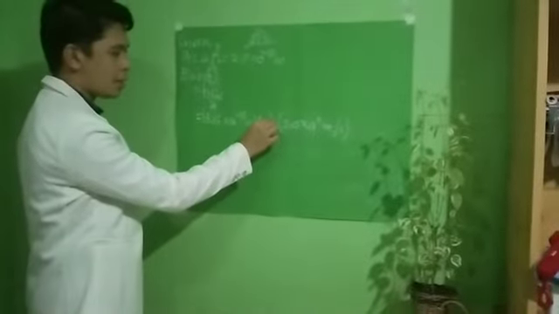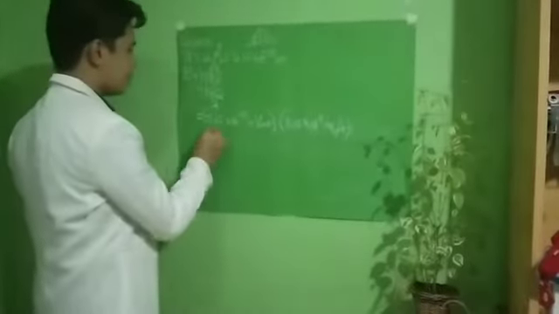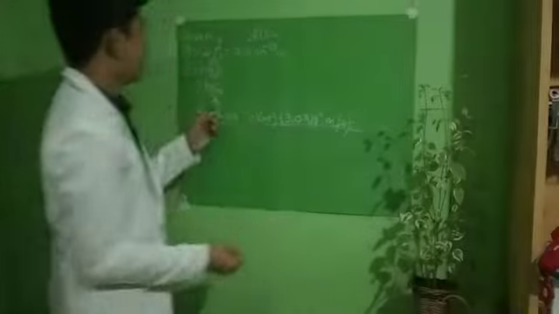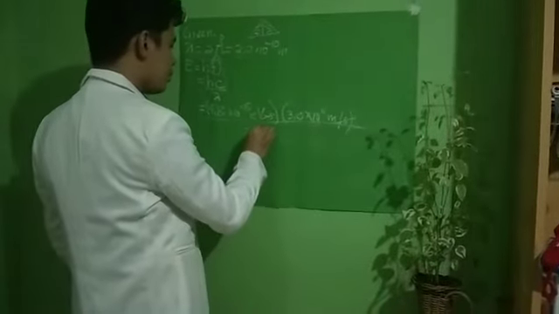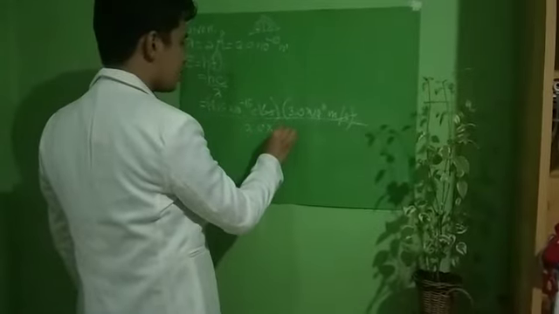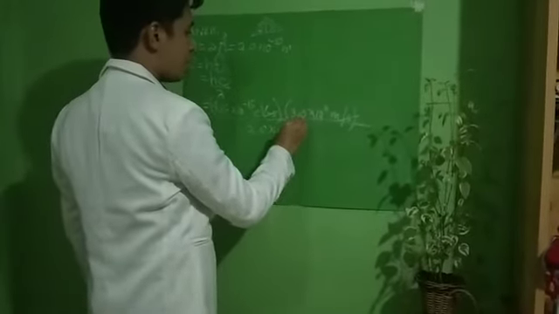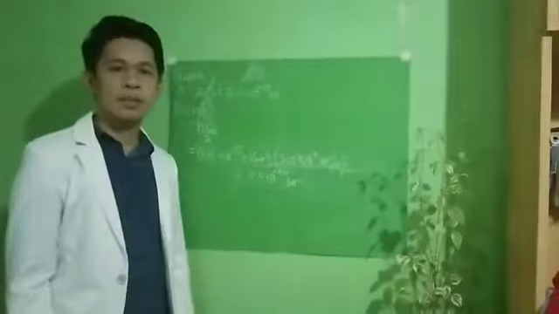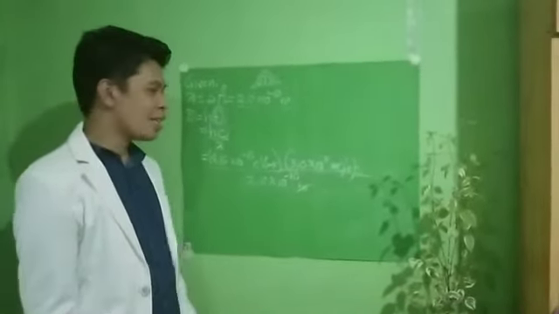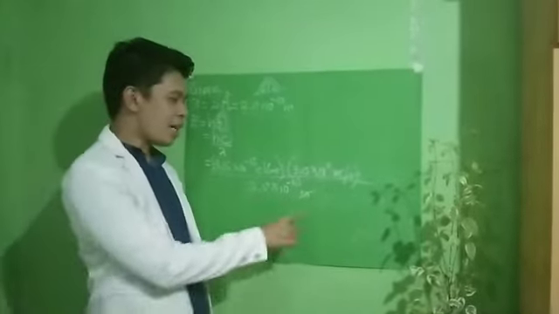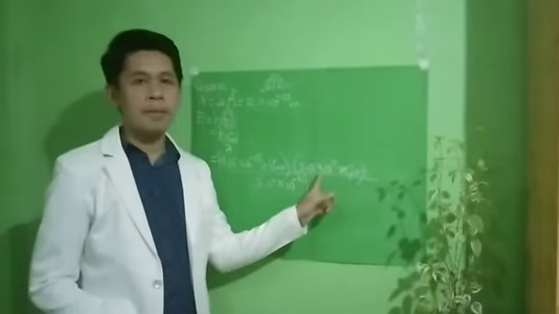So we are going to cancel per second. Our wavelength is 2.0 times 10 raised to negative 10 meter. Okay, so let's cancel out meter and meter.